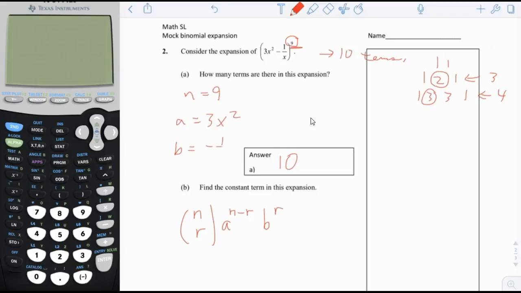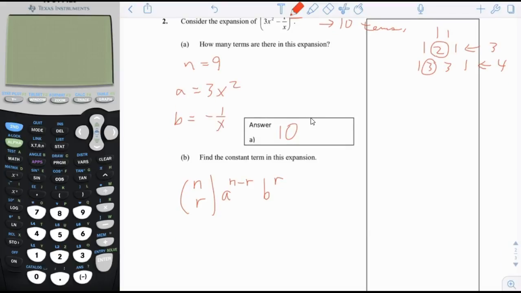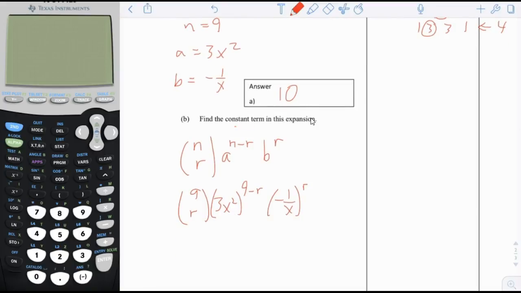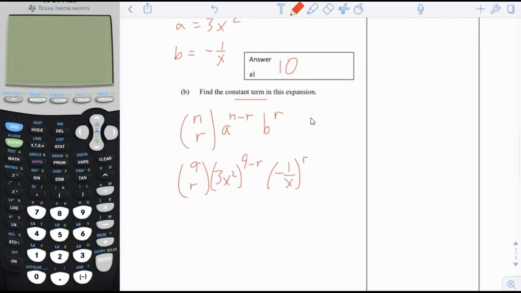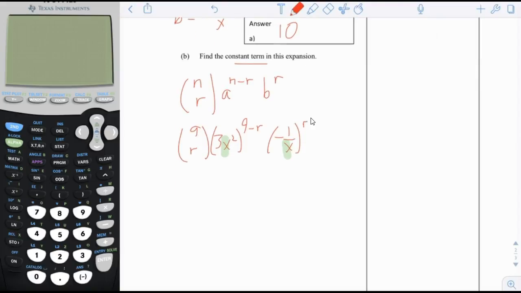So let's make those substitutions, and we'll have 9 chooses r. We don't know what r is yet. We'll have 3x squared to the 9 minus r power, and we're going to have b, which is negative 1 over x to the r power. The only thing we know is that it's a constant term, so we can take all the variable parts, which are going to be this and this, and separate them out.